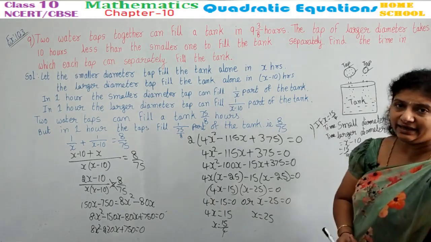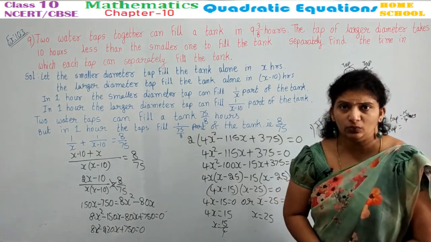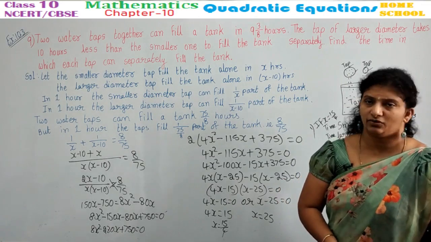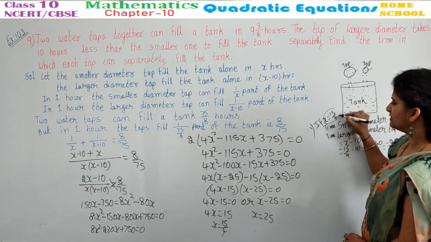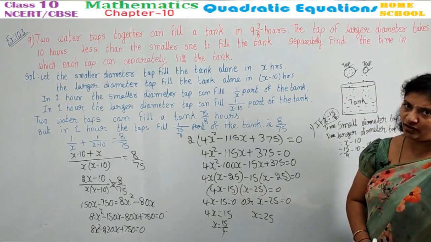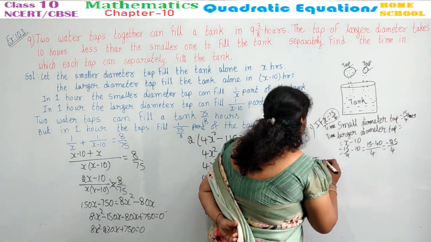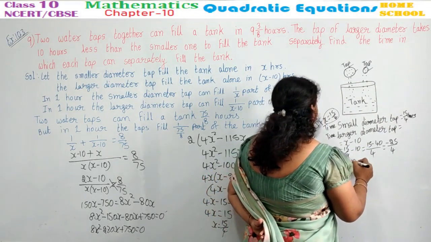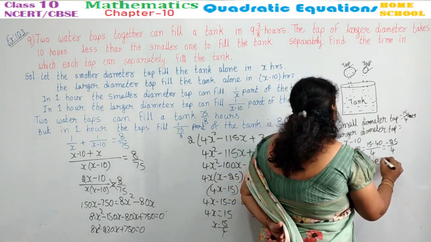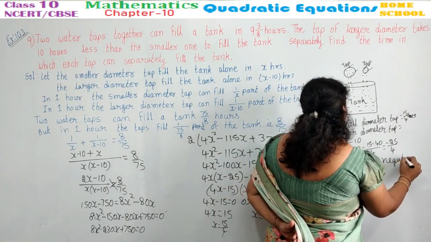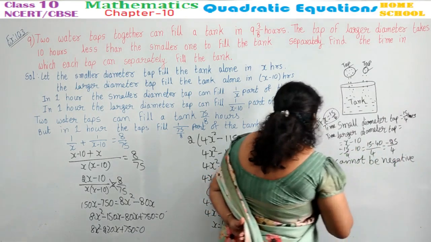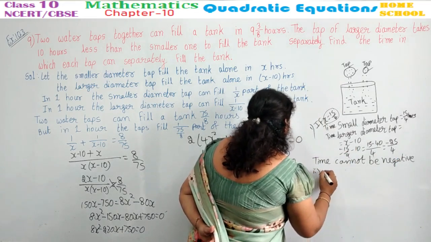Do we get time in negative? No, we won't get time in negative. So I won't consider this. x is equal to 15 by 4. So you write here, time cannot be negative. So consider the second case here.